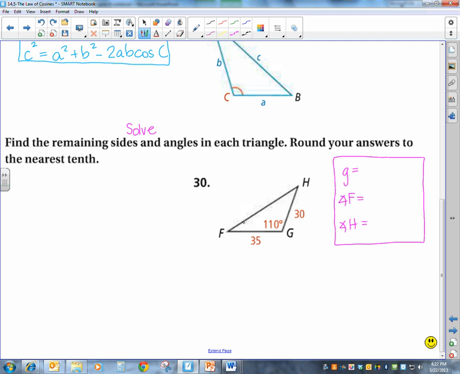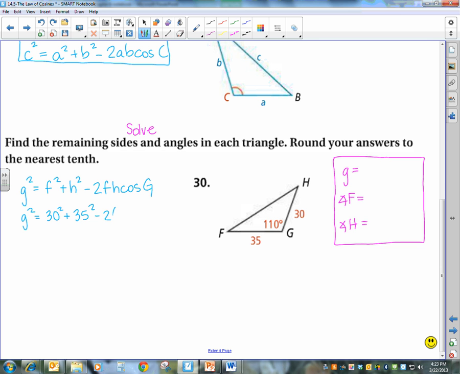So to find G, hopefully you see that means we've got to use our law of cosines. So again, I'm going to write it out. G squared equals F squared plus H squared minus 2FH cosine of G. And that means G squared equals 30 squared plus 35 squared minus 2 times 30 times 35 and the cosine of 110.